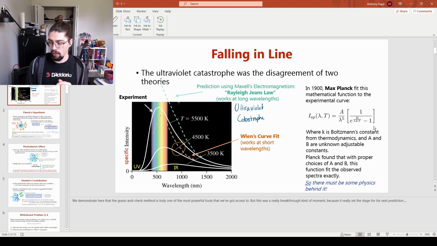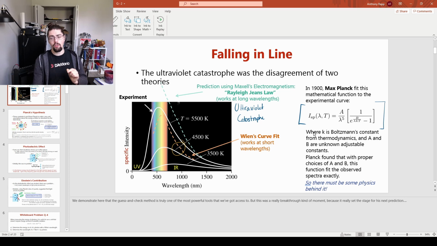So he was looking at this and he said, okay, well, if I take this grand ensemble equation from thermodynamics and I make some modifications to it, I put these couple constants in here in different places, then I have essentially a matching graph. I have something that lines up almost perfectly.